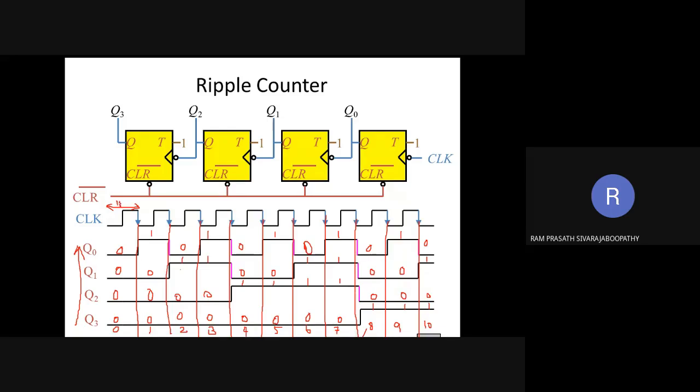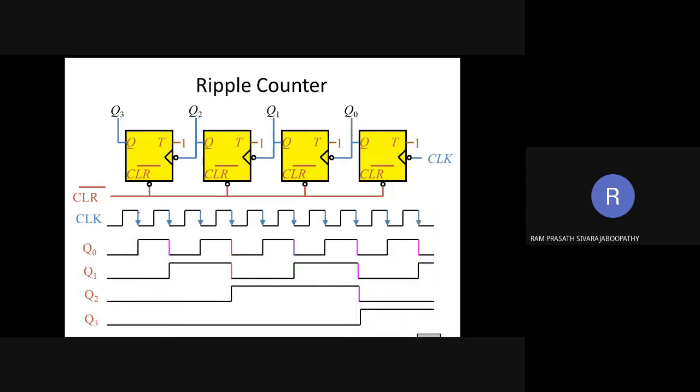What about the duration of Q0? Q0 from here to here, this is 1 clock now. I will erase it fully. So what is the clock timing of this? From one edge to the next edge. What about here? Here to here. What about for Q1? Here to here.